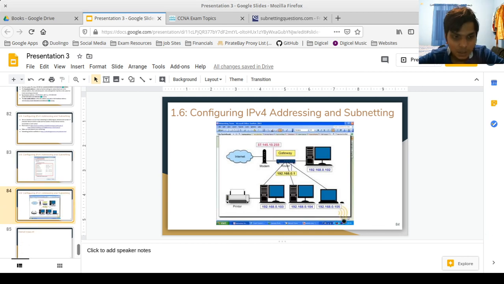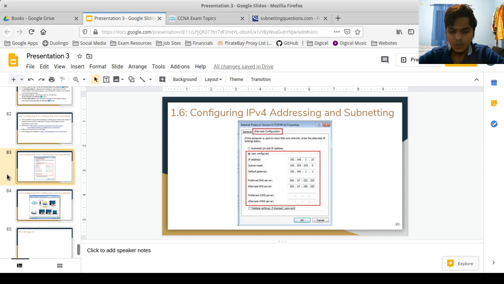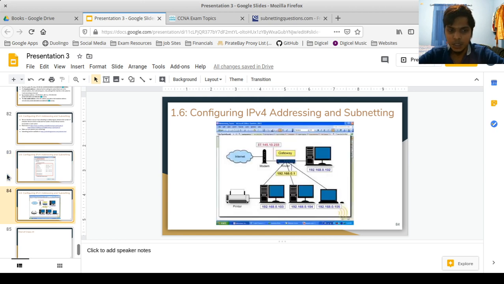Alright, I just took a little pause because I realized there was a small bit of subnetting that I forgot. It's not strictly subnetting, it's more of the further stuff that I mentioned before. I'm not sure how in-depth Cisco is going to go with this version of the CCNA.